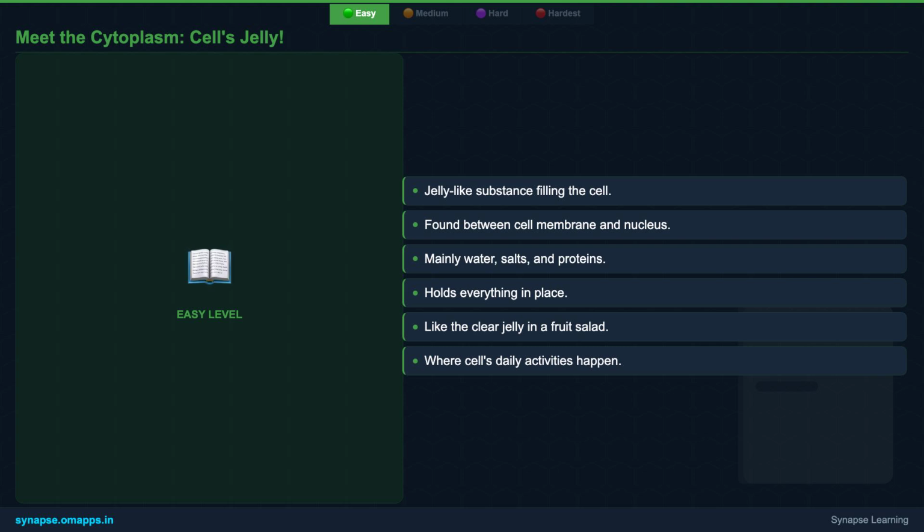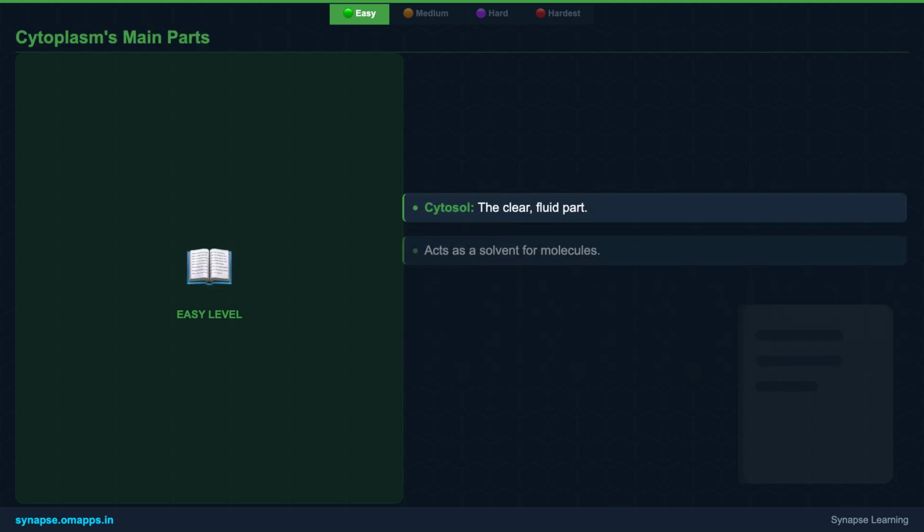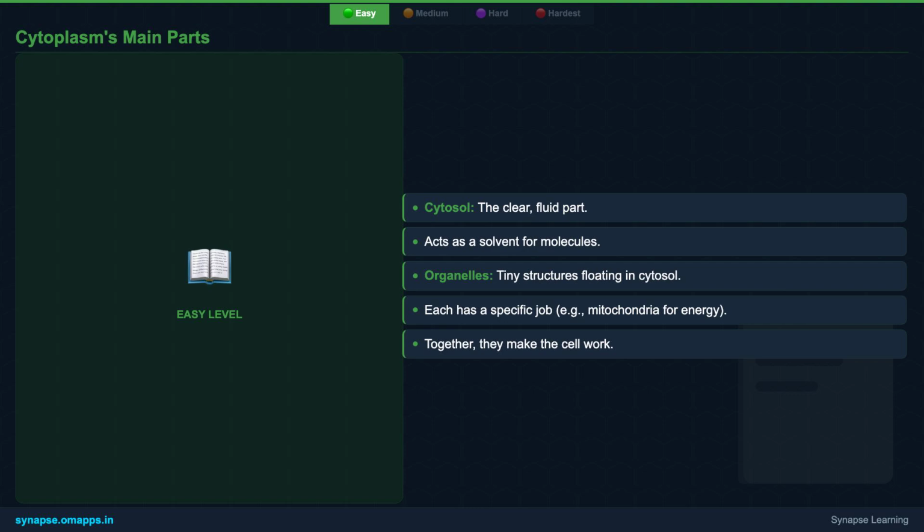It's the bustling environment where almost all the cell's daily activities happen, making it a crucial part of every living cell. Now, let's break down what's inside this jelly. The cytoplasm has two main components. First, there's the cytosol, which is the actual clear, semi-fluid, jelly-like part itself. Think of it as the liquid base.